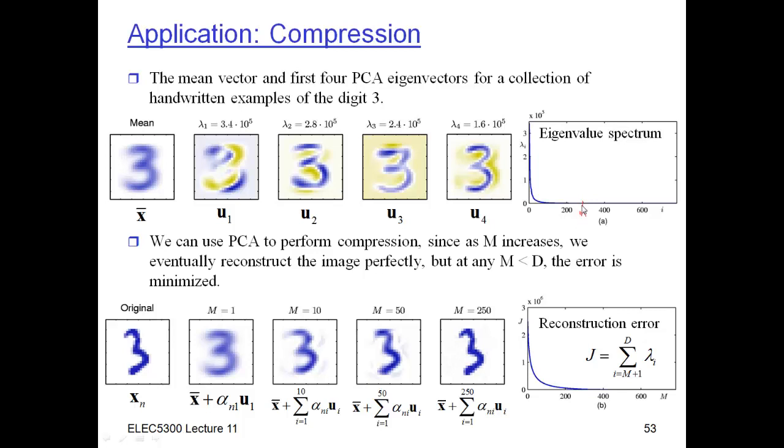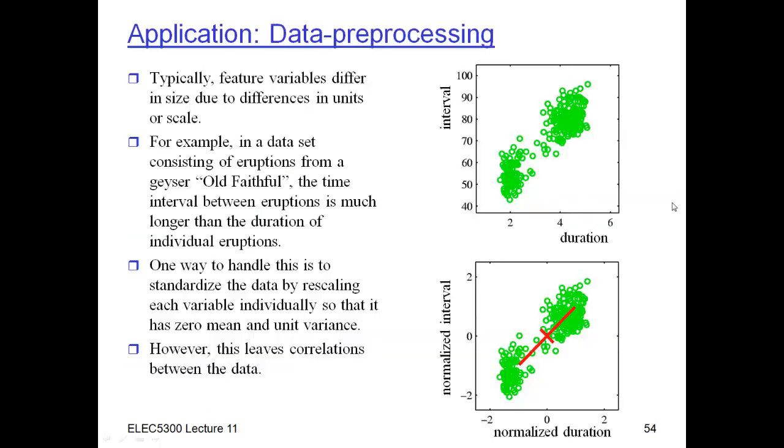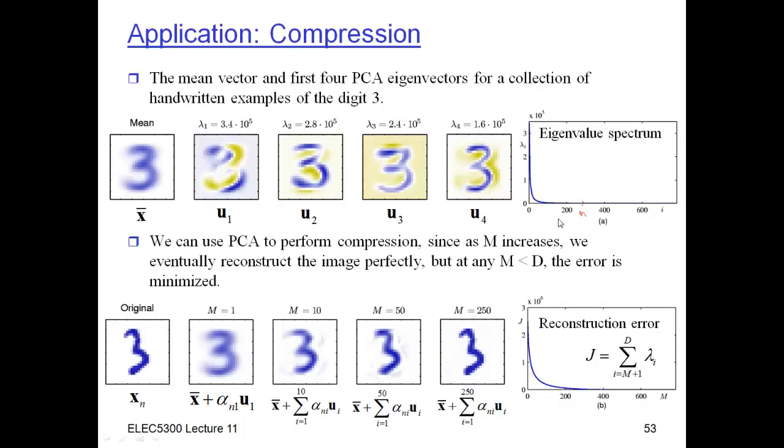If I'm interested in the error, let's say this is the error J. To get this point here at m, I would just look at all the eigenvalues from this point all the way up to the end here.